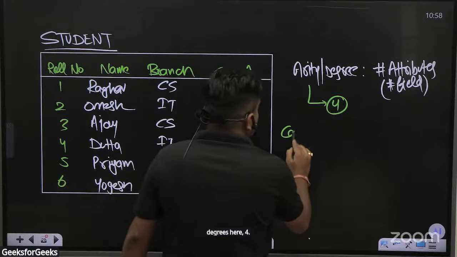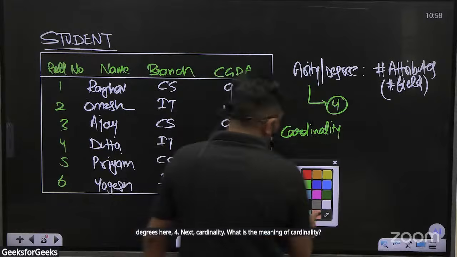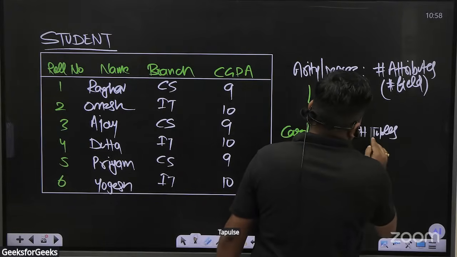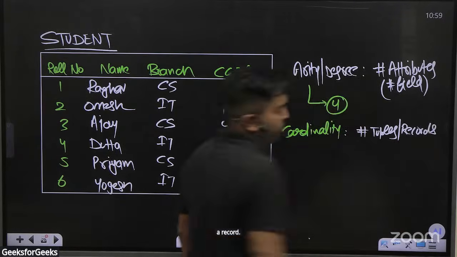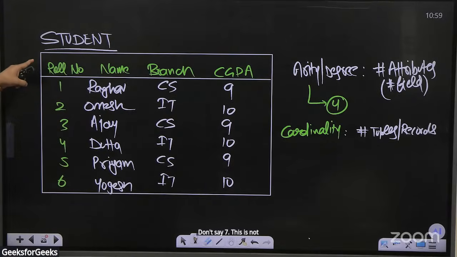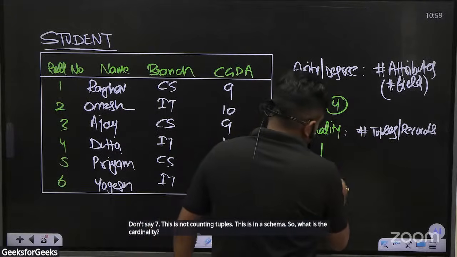Next, cardinality. What is the meaning of cardinality? The number of tuples or records. Don't say row. How much? Don't say 7. The header is not counted in tuples, it is in the schema. So what is the cardinality? 6.